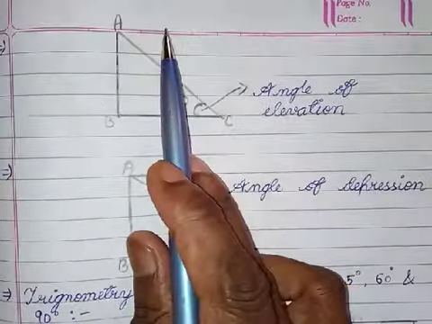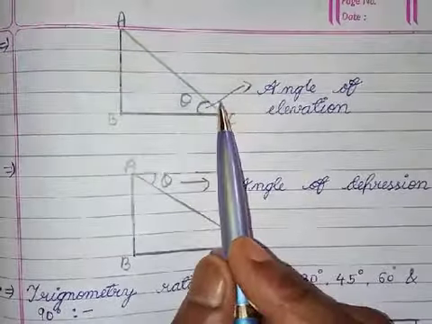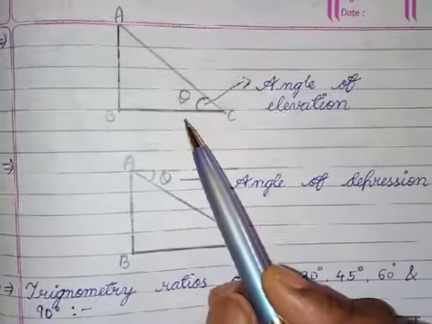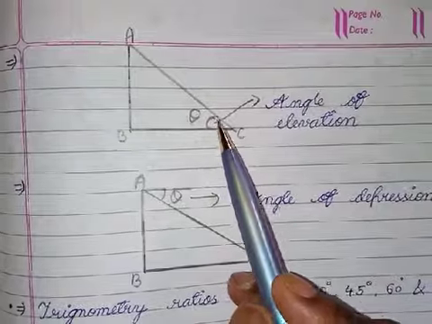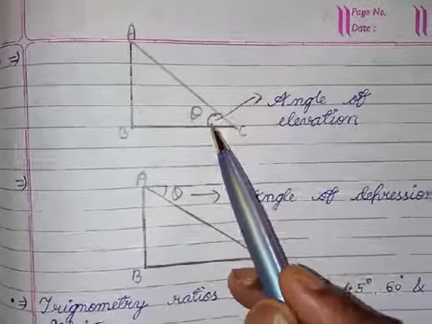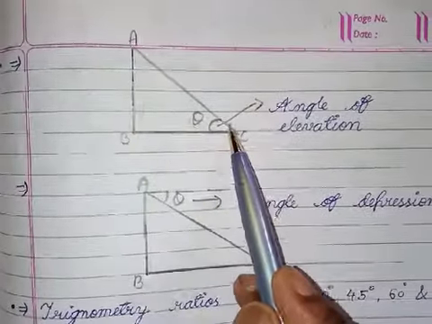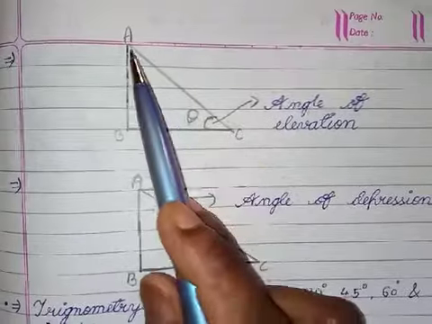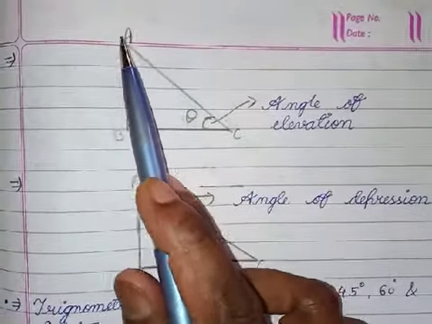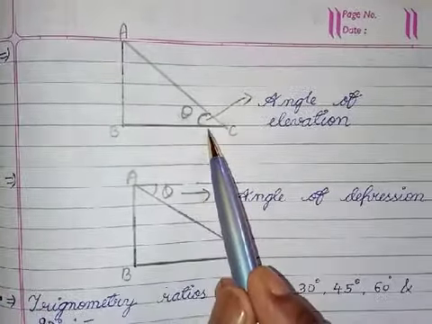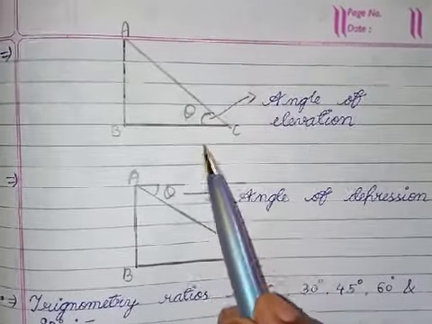A flying kite is also an angle of elevation. Angle of elevation is the angle made by any item with the ground.